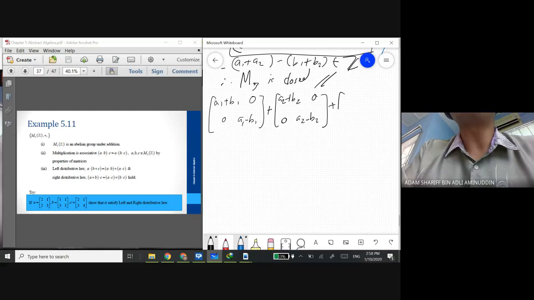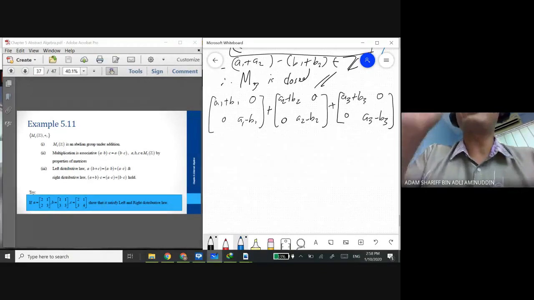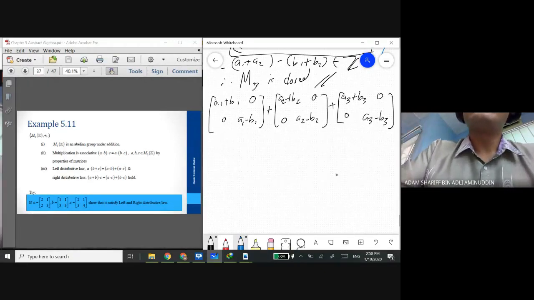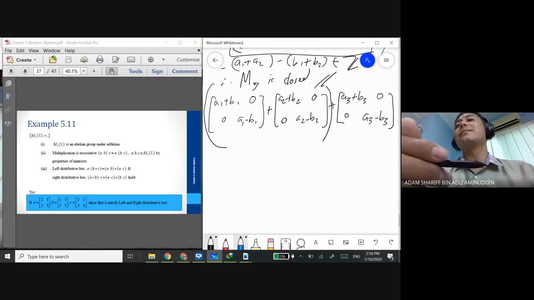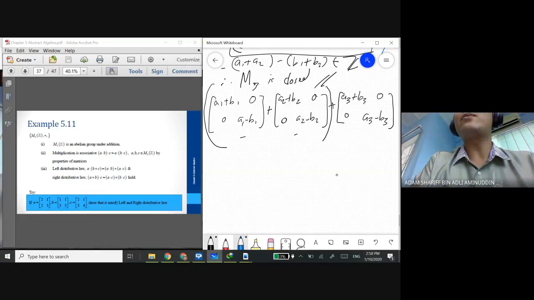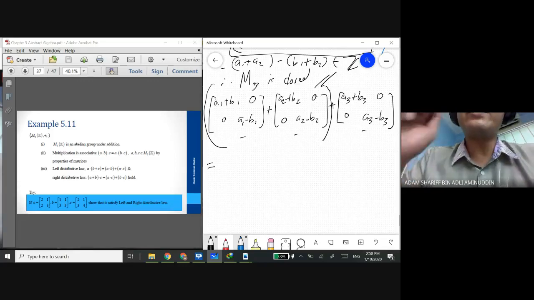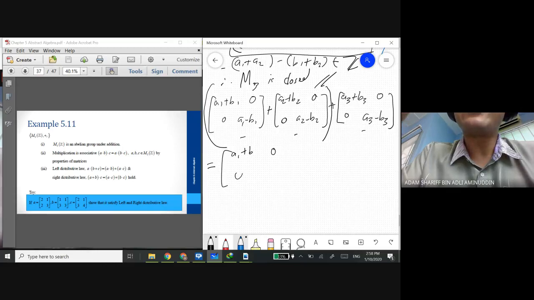Plus, ada 3 matrix. Kalau associative, it must be A, B, C, kan? So ada 3. Okay, I need this statement. This can be your final answer already. Like this. The first bracket, this is M1, M2, M3, is equal of this.